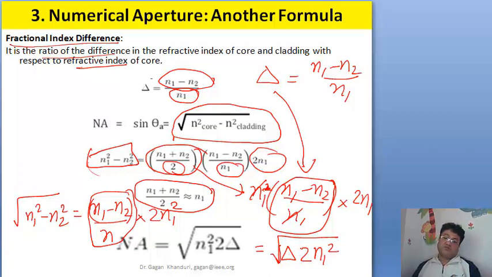So this is the formula for numerical aperture, an important formula. So you have two formulas actually for numerical aperture, and you can use one of them while solving for the answer in numericals. Okay, I would be doing the V number in the next slide.